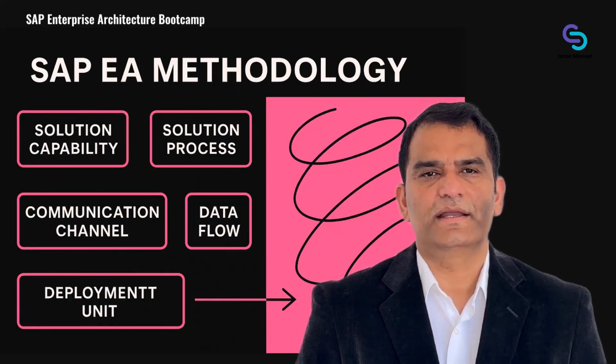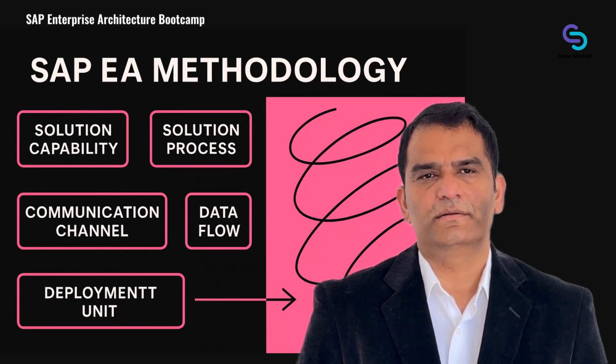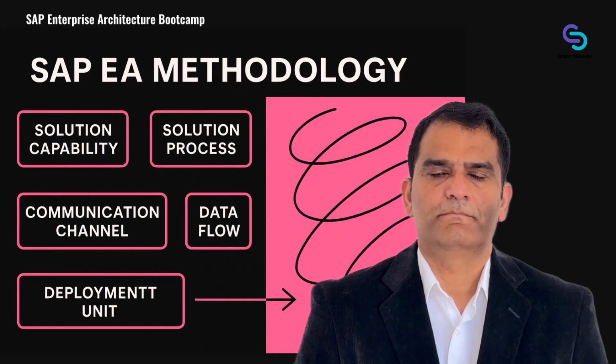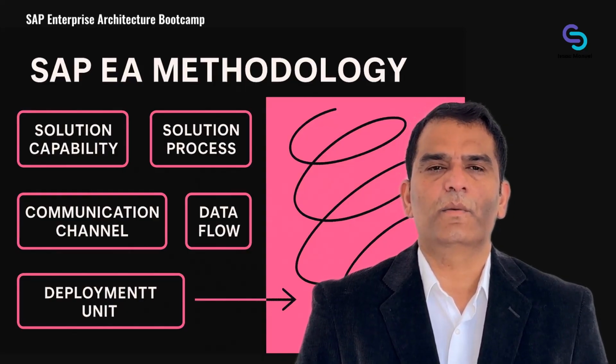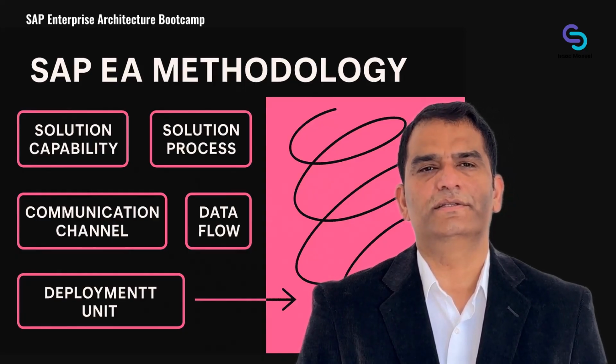There are concepts like communication channel and data flow to model integration points, or deployment unit, which could represent a grouping of software deployed together. By defining these, the meta model helps architects comprehensively model the enterprise across all domains.